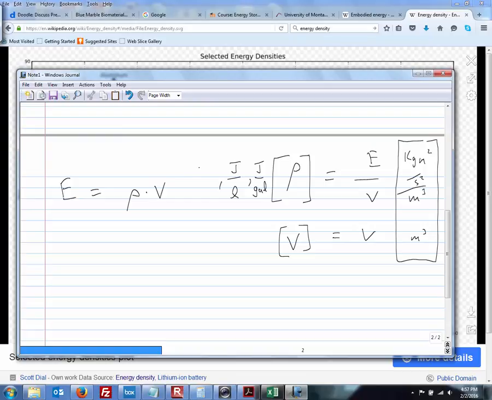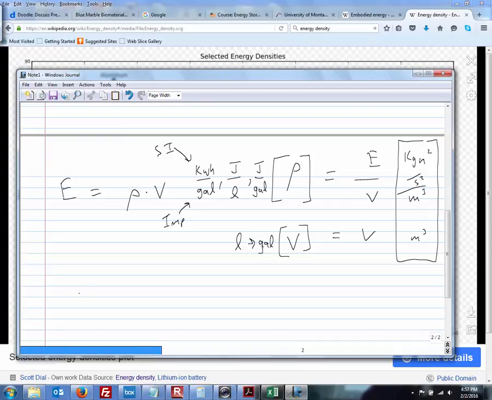I know that I'm going to end up with kilowatt hours per gallon, because as it said in the notes, this is SI units, and this is imperial units. I'm going to use the word imperial, IMP. So it's a little bit of a mixture. So that's density. And then for volume, we'll start with liters, but then we'll convert it to gallons.